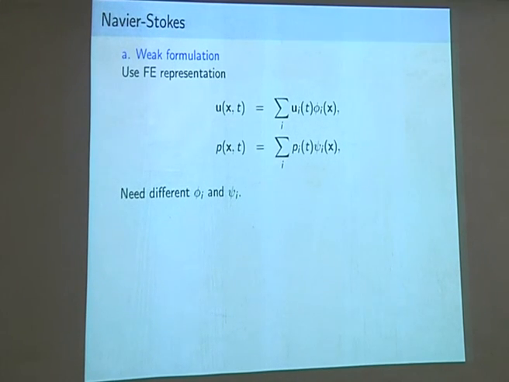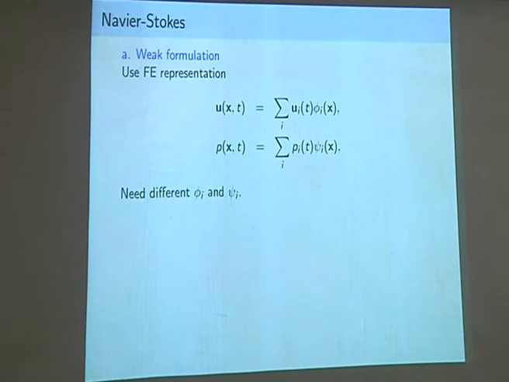I'm just ignoring that difficulty by writing a vector here for the x, y components, and this is the ith vector. This is the unknown amplitude times the basis function, and it's very important that for the pressure you use a different set of basis functions.